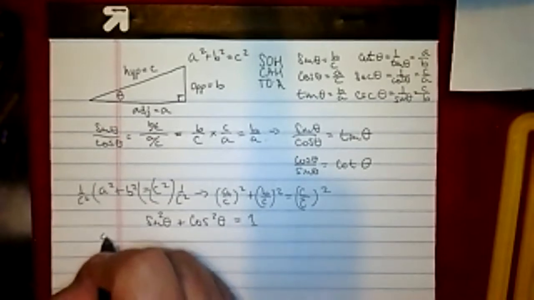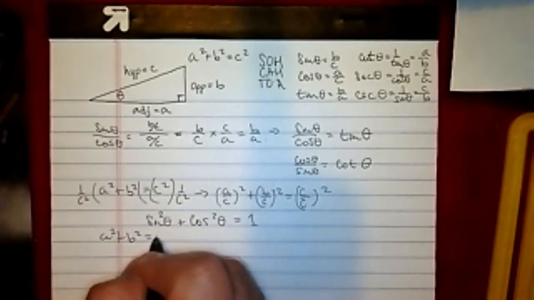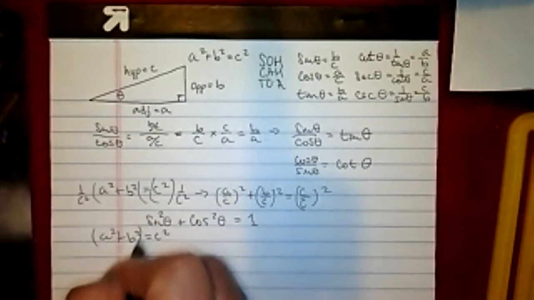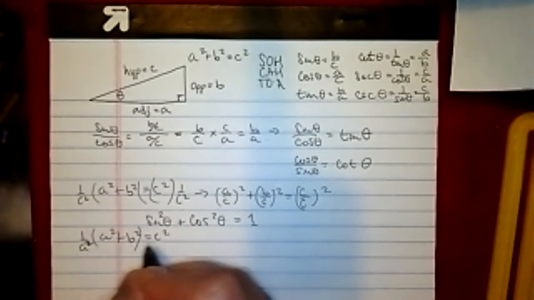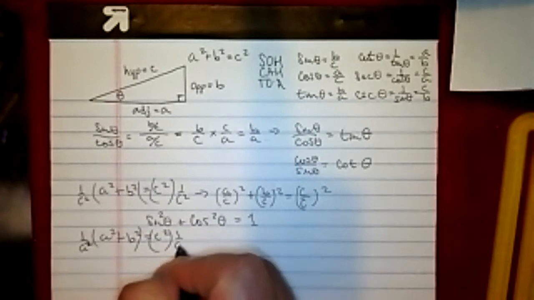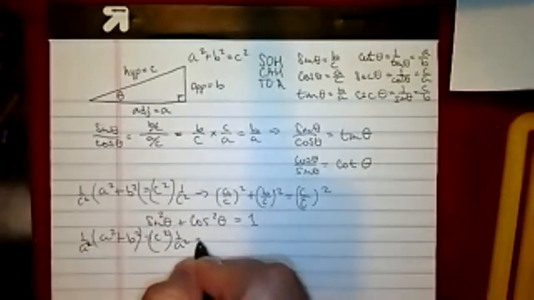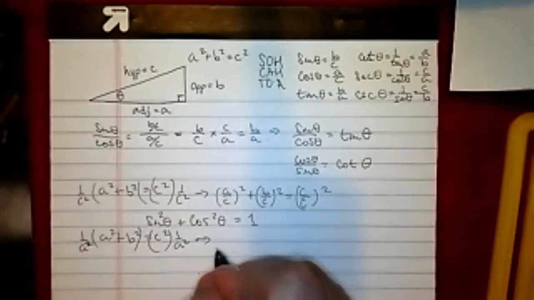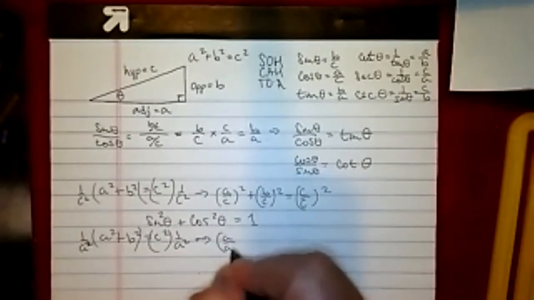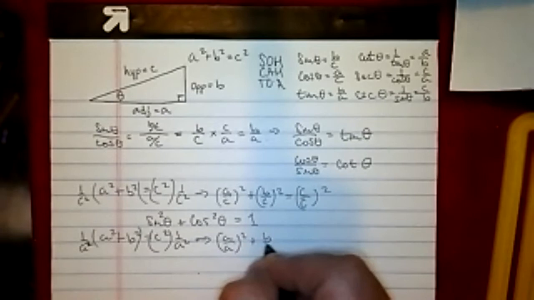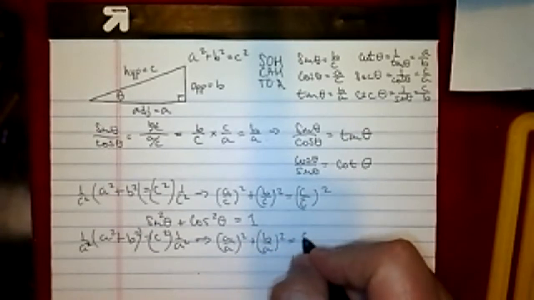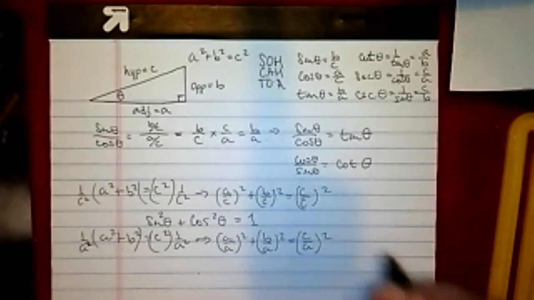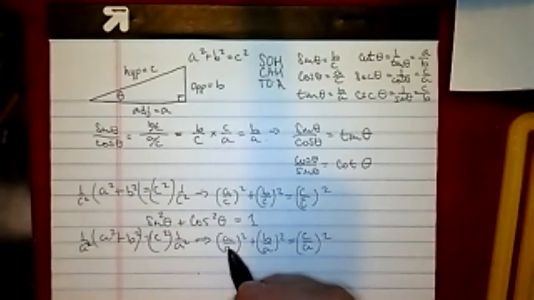If I took a squared plus b squared equals c squared and multiplied both sides by 1 over a squared, what we would get is a over a squared plus b over a squared equals c over a squared. And I think you can see this is 1.